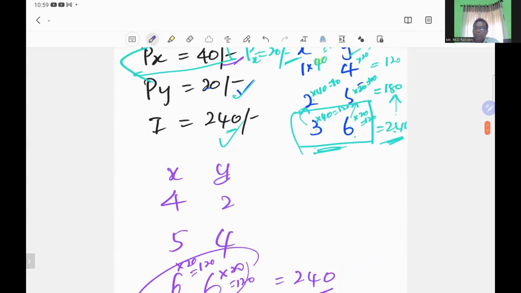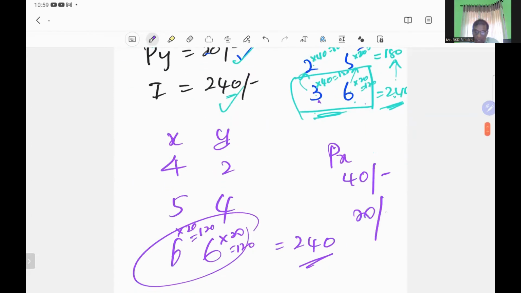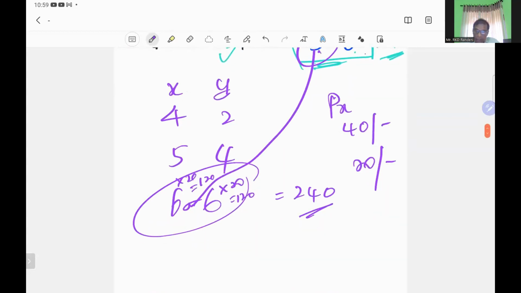Now earlier, before the price change, the commodity bundle was 3, 6, so 3 units from X. The price of X is reduced from 40 to 20. He can buy more from X, 3 to 6.